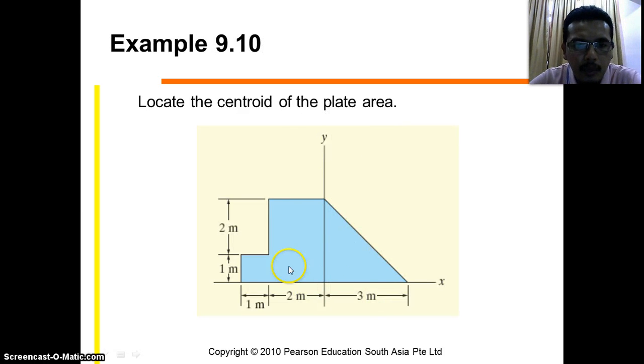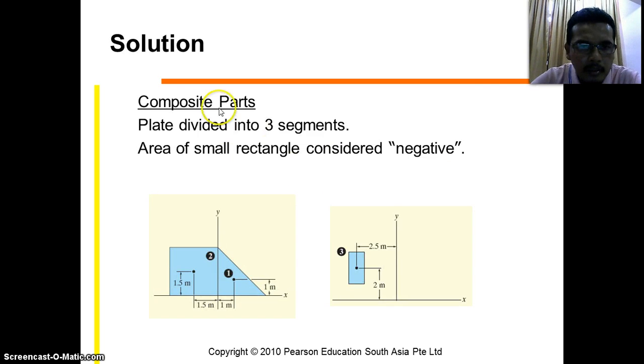Okay, so now we have this area. Locate the centroid of the plate area here. It's actually a composite. Why is it composite? Because we can divide it into several parts. This one is a triangle, this one is a big rectangle, this one is a small square here. Please divide it into three segments.